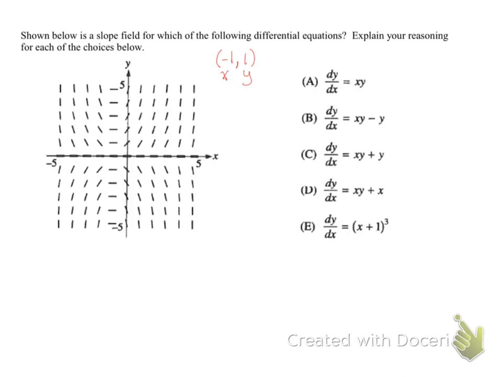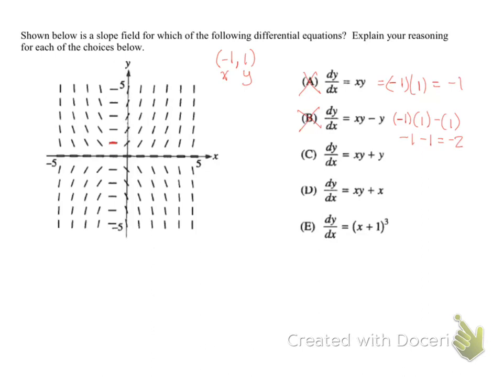So if I plug in (-1, 1) into A, well, that's negative 1 times 1, which is negative 1. Well, at that point, I need a slope of 0. So that's not it. If you look at B, negative 1 times 1 minus 1, so that's negative 1 minus 1, which is negative 2. That one doesn't work either.